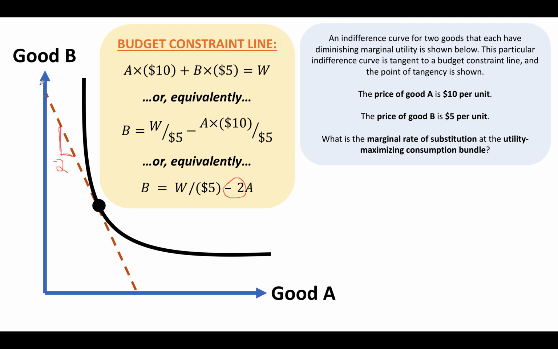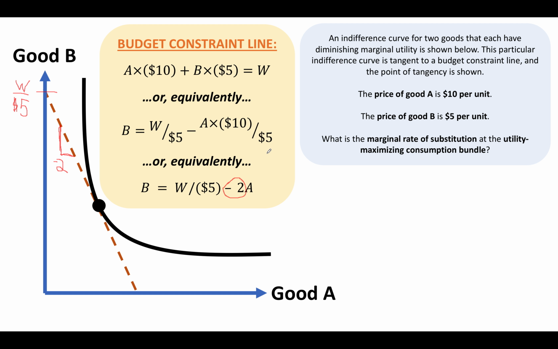And so this up here, this is my W divided by $5. So this is my attempt at a $ sign with a trackpad. I hope it makes sense. All right, so that's my W over 5, that's my y-intercept, and this here is the slope, the -2 slope.